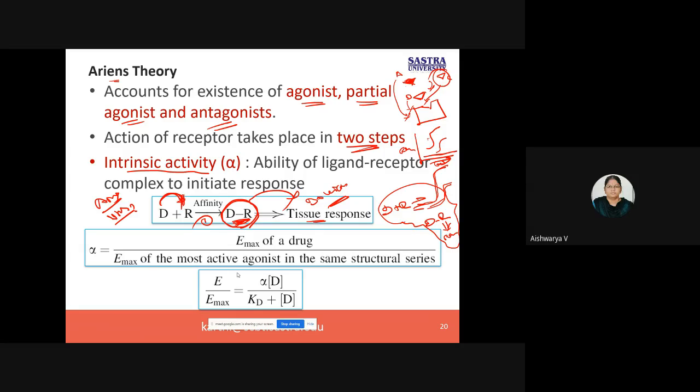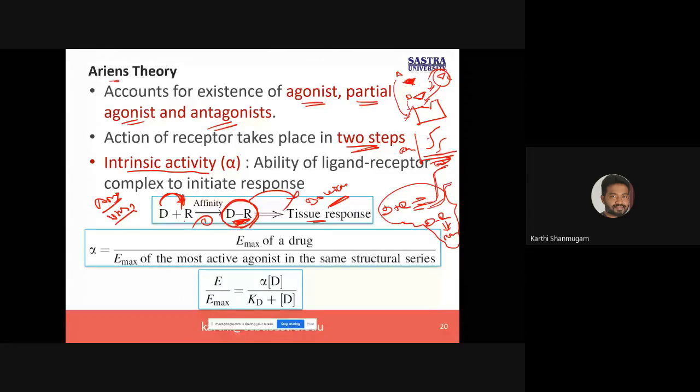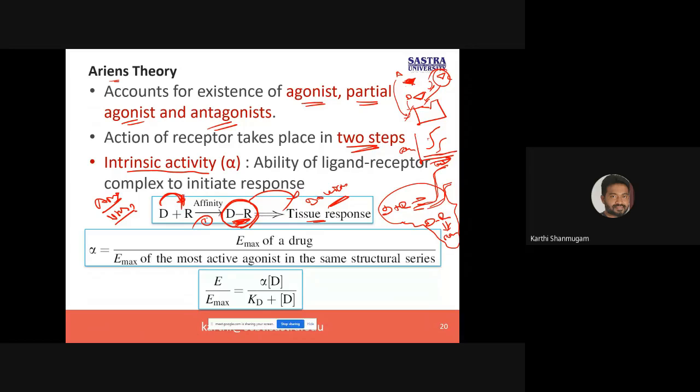Yes, sir. Okay, again I repeat, right? This reaction takes place in two steps. The first step is the formation of the complex. According to Ariens' theory, the formation of the complex depends on how much affinity the drug molecule has for the receptor. If the affinity is less, no formation of complex. If the affinity is more, formation of complex. That's the first step.